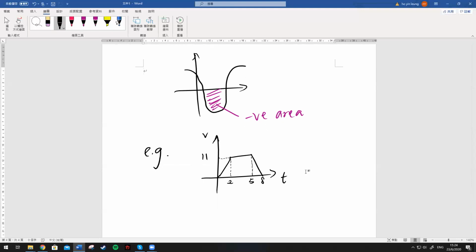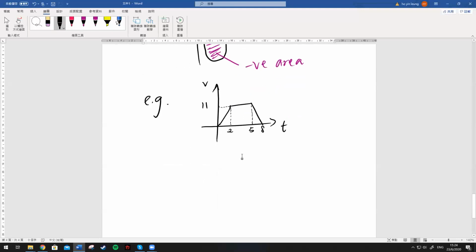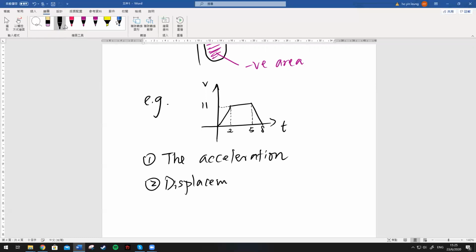Our first task is to look at the acceleration at different periods of time. The second task is to look at the displacement from t equal to 0 to t equal to 7. Not exactly 8, it's just 7.